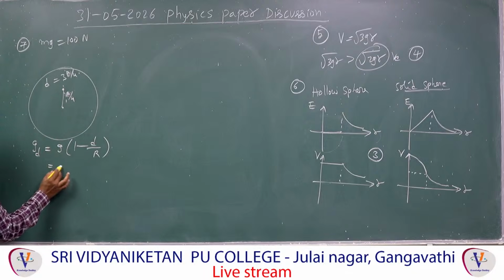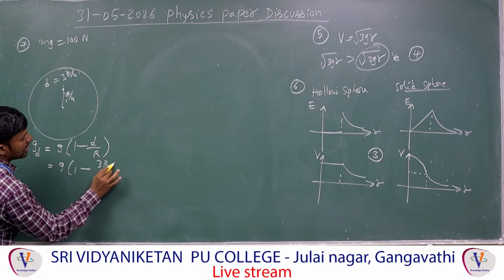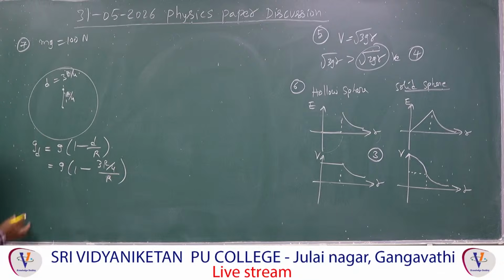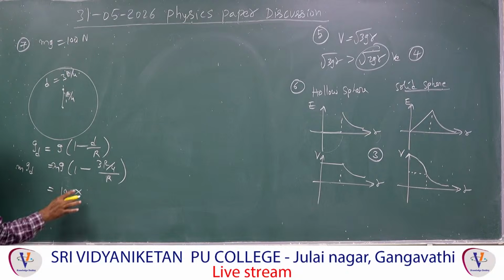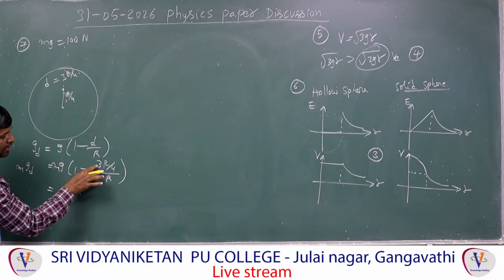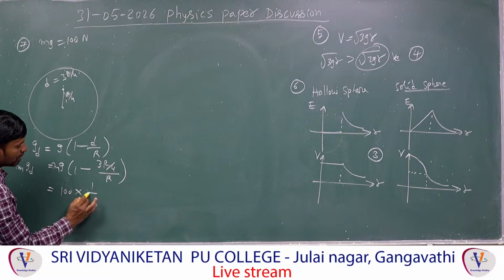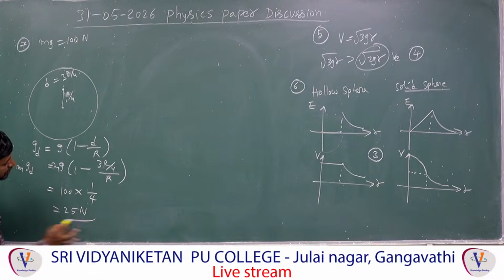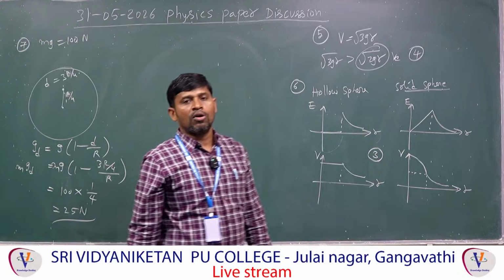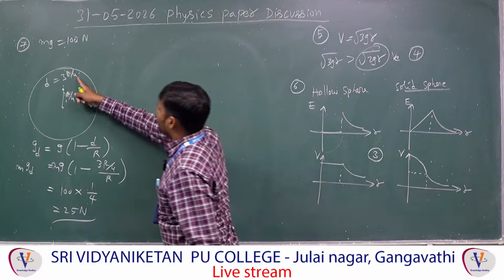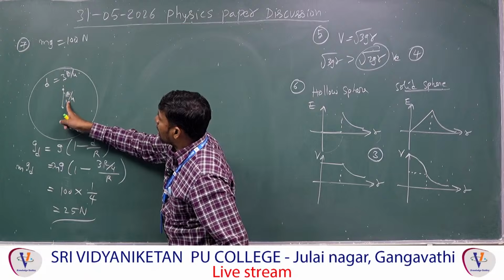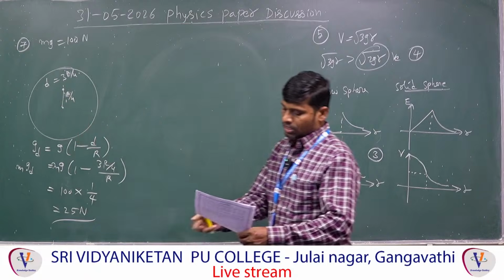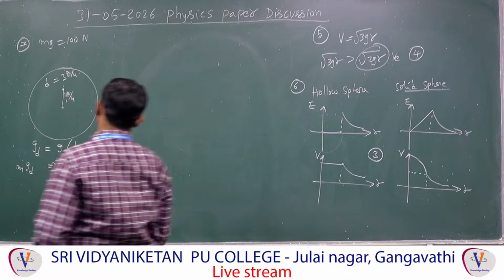So g into (1 minus 3R by 4 by R), multiplying by m, mg is 100. R cancels, and 1 minus 3 by 4 is 1 by 4, so we get 25 newtons. The weight of the body at a depth 3R by 4, which is a distance R by 4 from the center, is 25. So the answer is the second option.